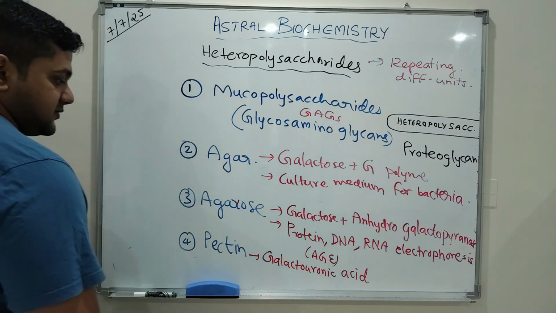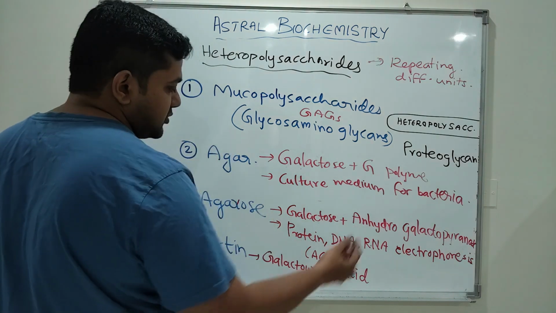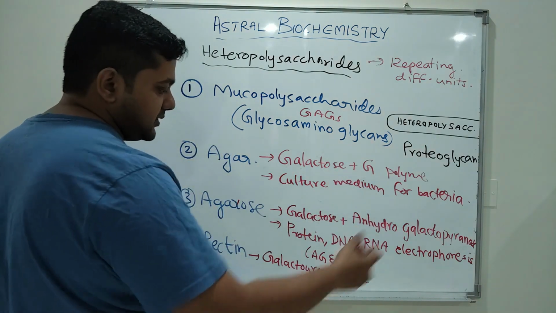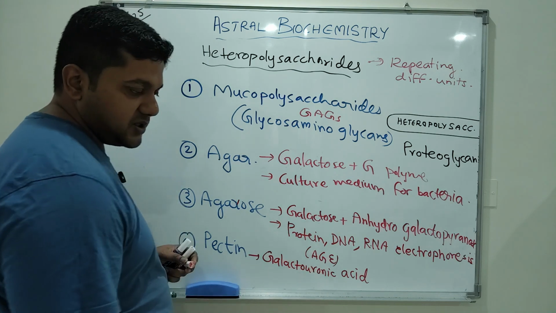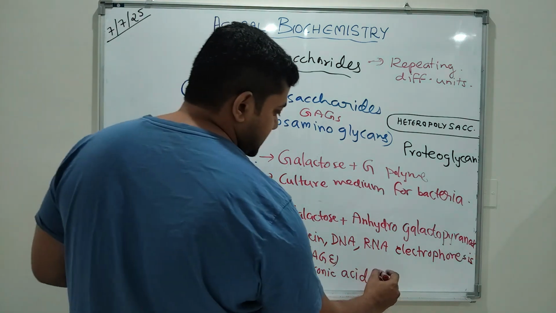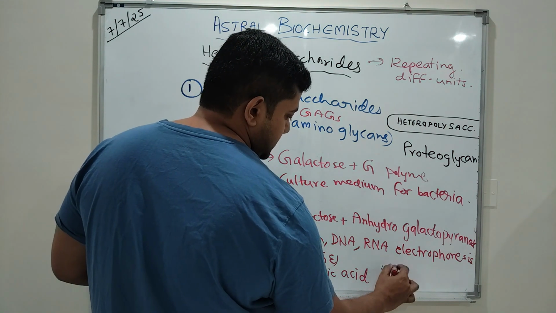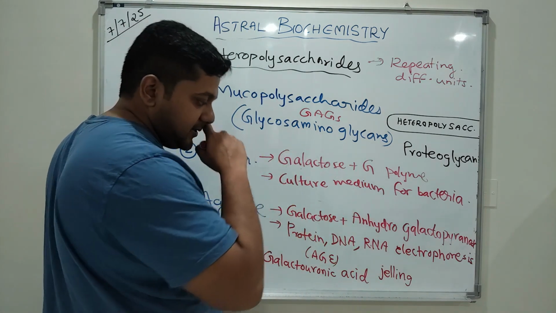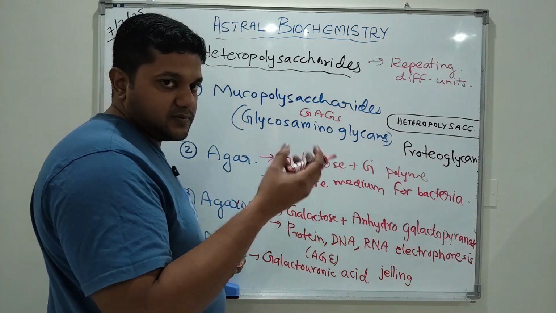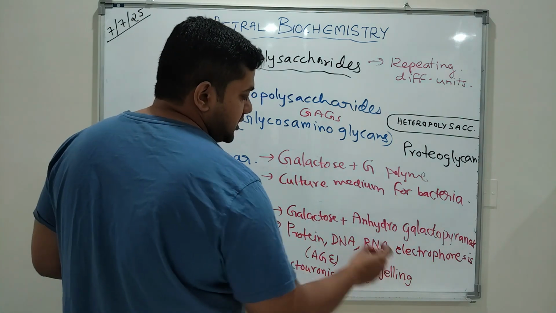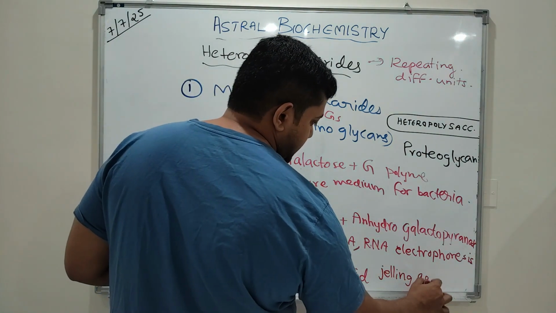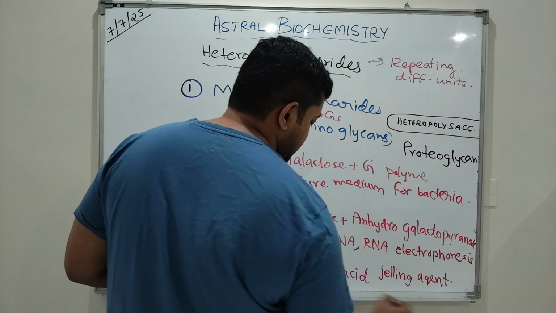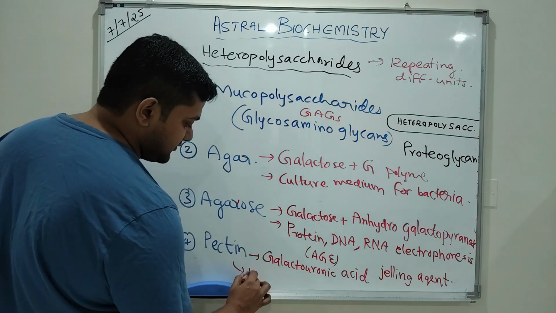Yes, galacturonic acid is the main content. Some other monosaccharides are also there in the repeating units, but the main content is galacturonic acid. Now pectin is used as a gelling medium in food, creating jellies, like edible jellies. As a gelling agent in food pectin is used, and this is also an important dietary fiber.